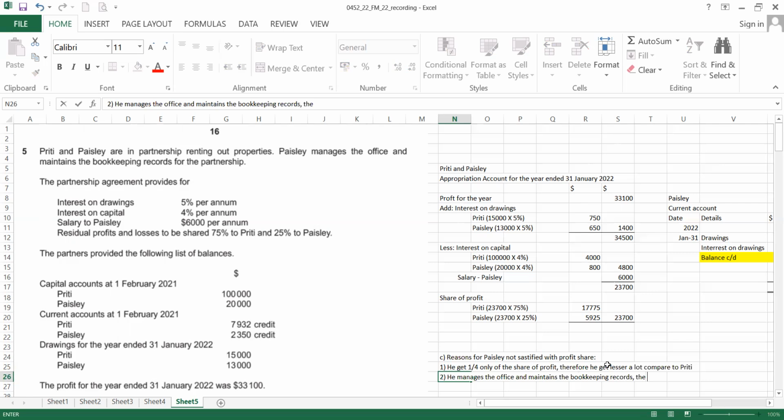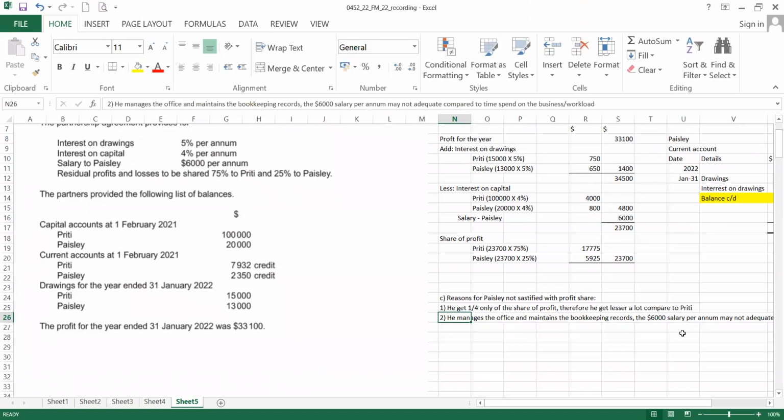The 6,000 salary per annum may not be adequate compared to the time spent on the business or workload. This could be the reason.